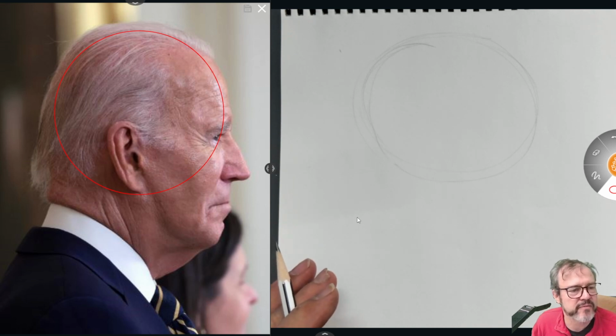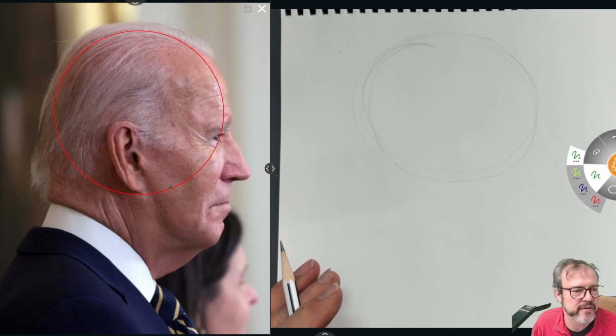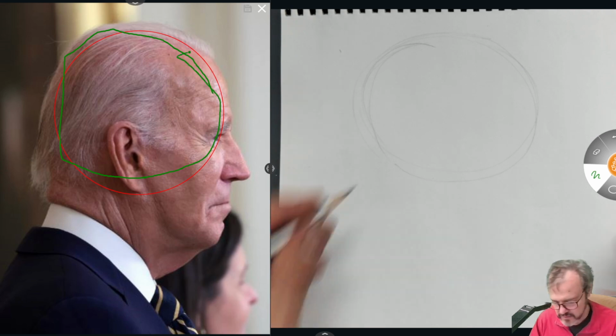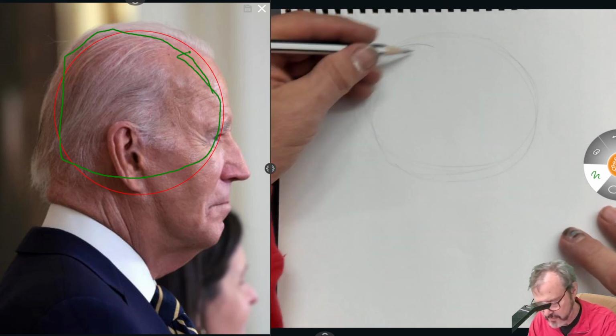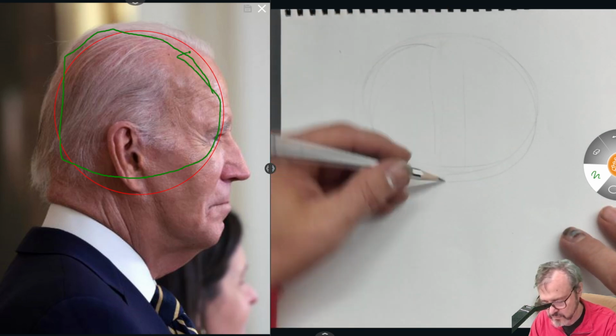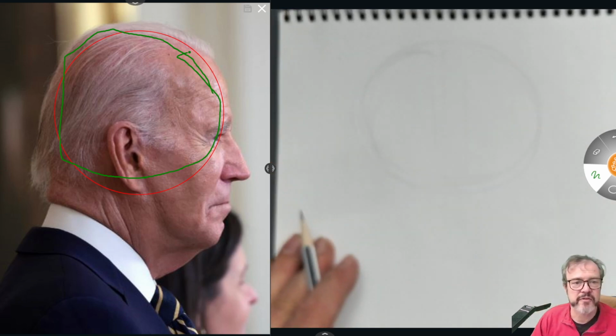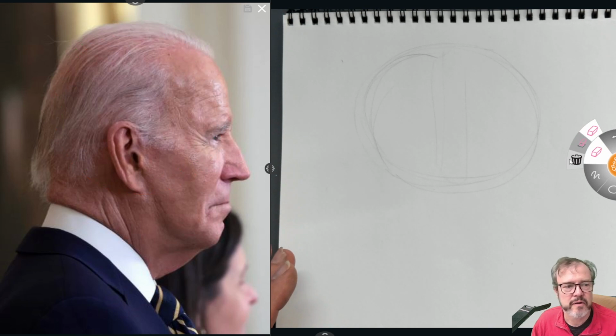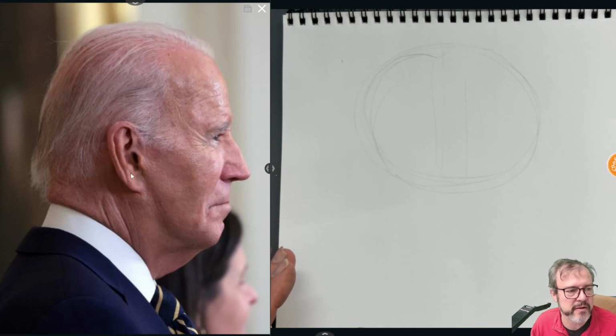Well, I guess I'm not really being fair. Let's see. The bottom of his cranium is probably about here. So we'll say it's a little wider than it is tall. So we'll start with the normal shape.